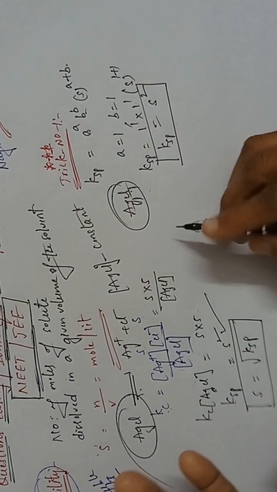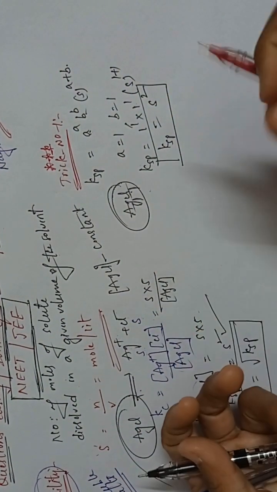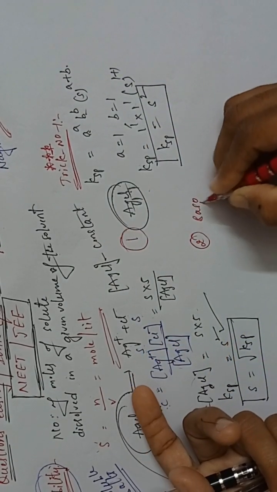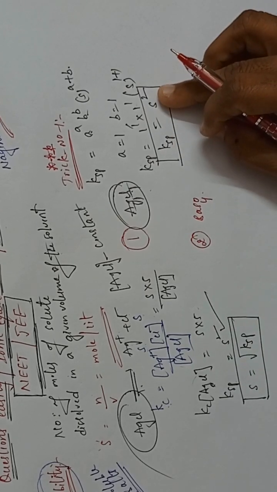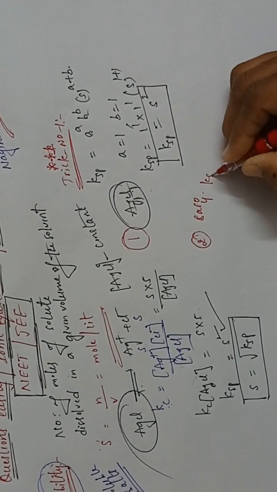Now take one more salt, students, for example barium sulfate. Second example. See here how to calculate the relation between solubility product constant and solubility for barium sulfate. What is the solubility product constant?